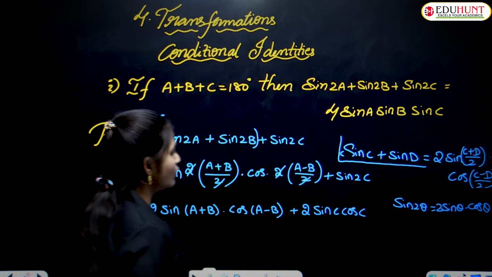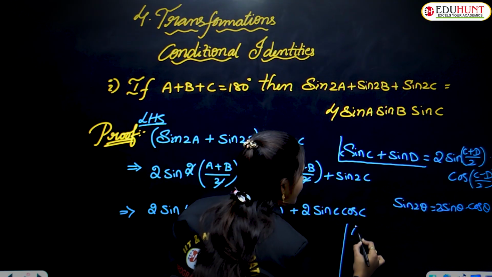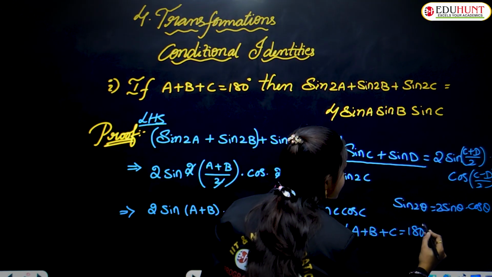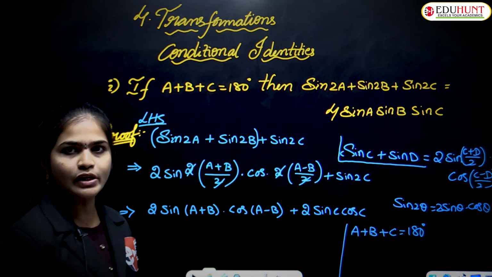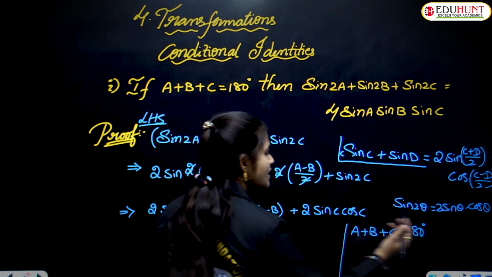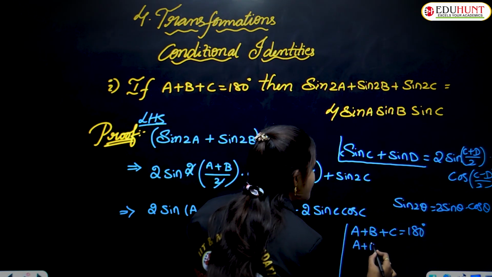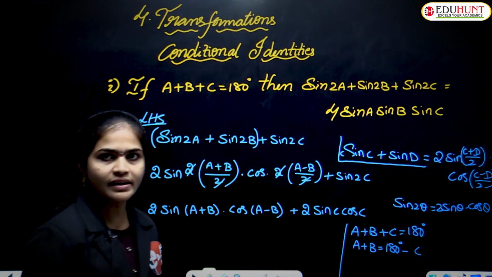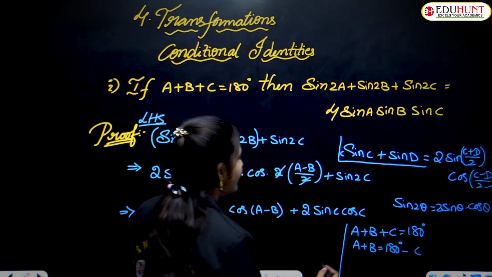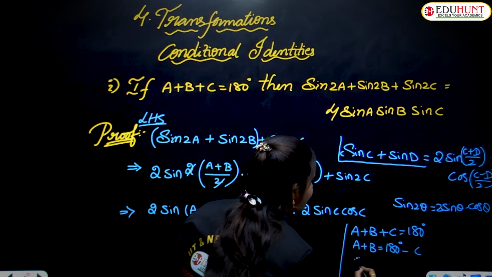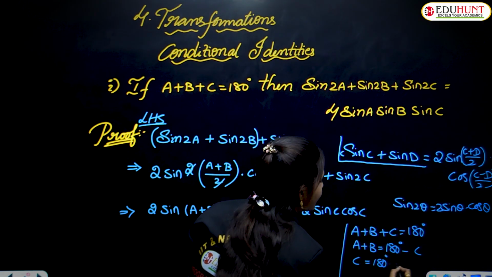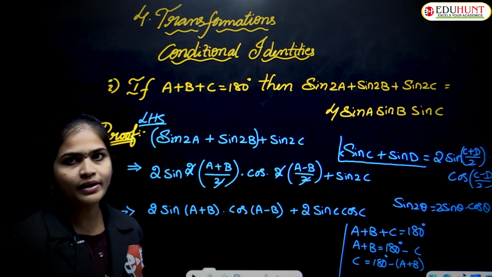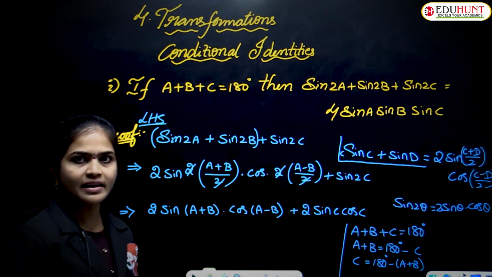Here the given condition is A plus B plus C equal to 180 degrees. From this we can write A plus B is equal to 180 degrees minus C. In the same way, C is equal to 180 degrees minus (A plus B). In both cases we can write that.